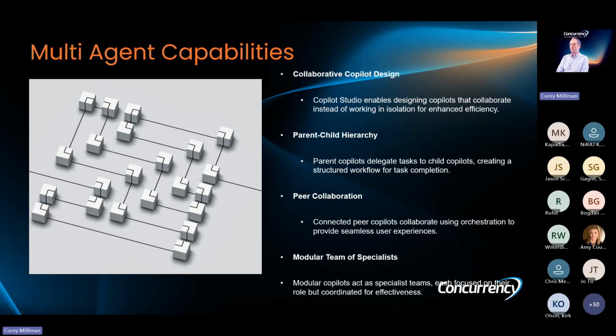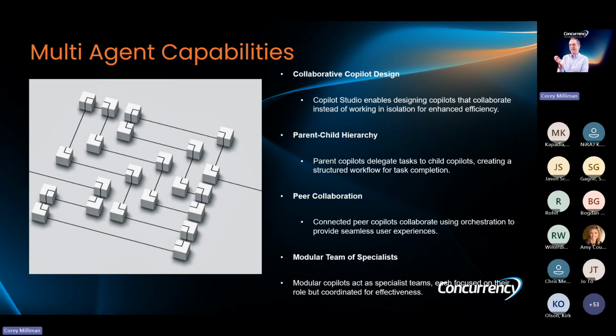Copilot Studio has introduced three key capabilities for multi-agent design. First, collaborative Copilot design: agents can now collaborate with each other rather than operating in silos, which increases our efficiency. Second, the parent-child hierarchy. That's new.